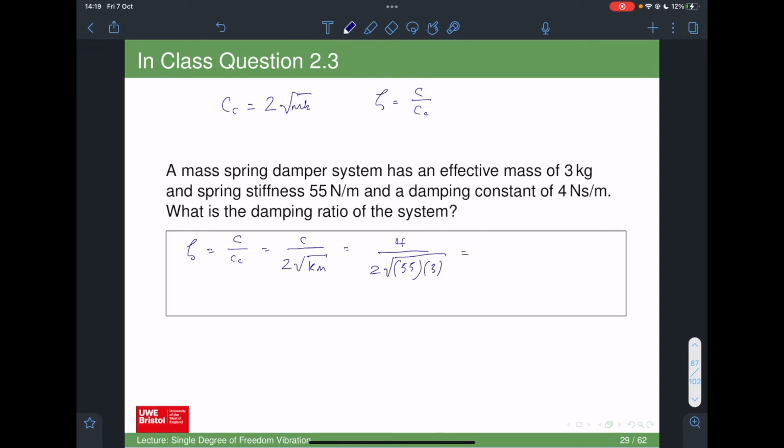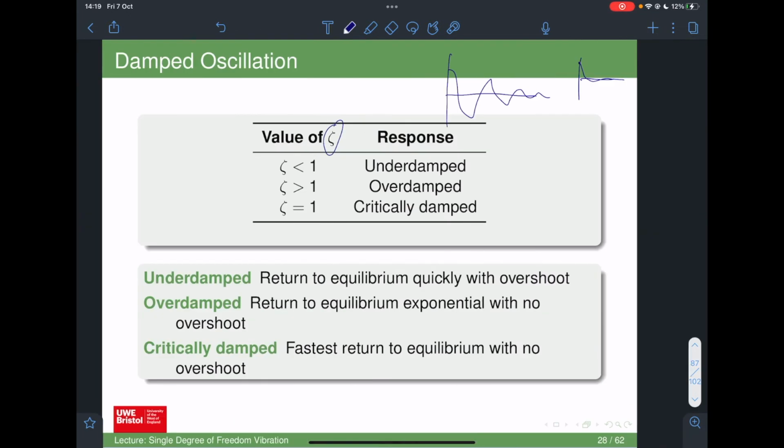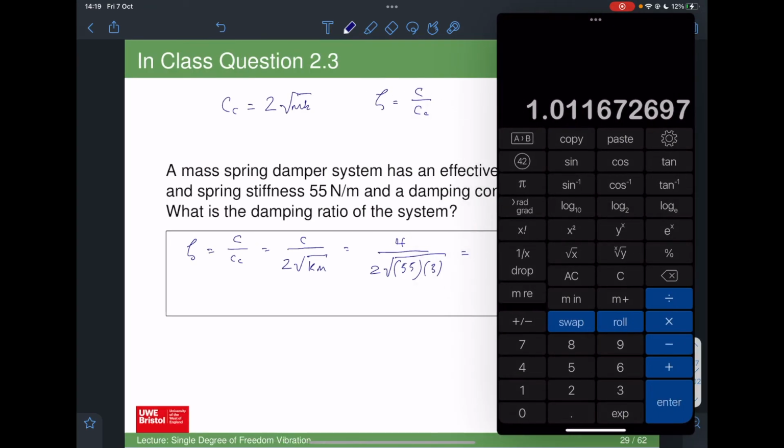And if you do that sum, that gives 0.155.